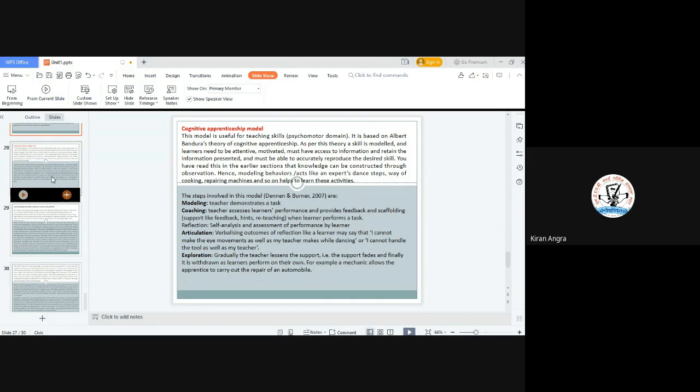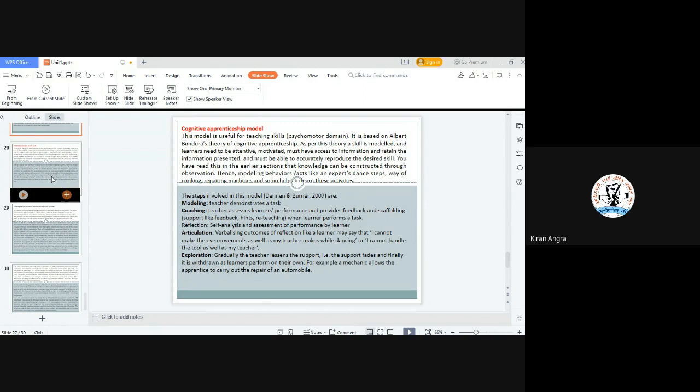Coaching: the teacher assesses learners' performance and provides feedback and scaffolding when the learner performs a task. This is what the cognitive apprenticeship model means. Then there is reflection: self-analysis and assessment of performance by the learner.